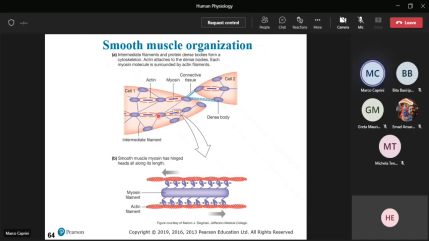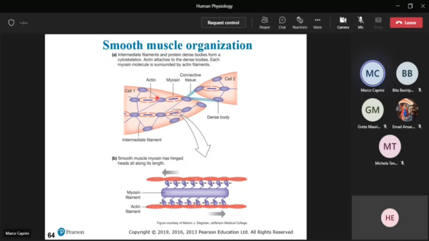Do you remember the sarcomere is delimited by two lines, the Z lines, okay, in this structure. And from a Z line to the other Z line, the actin starts to move inside of the sarcomere.